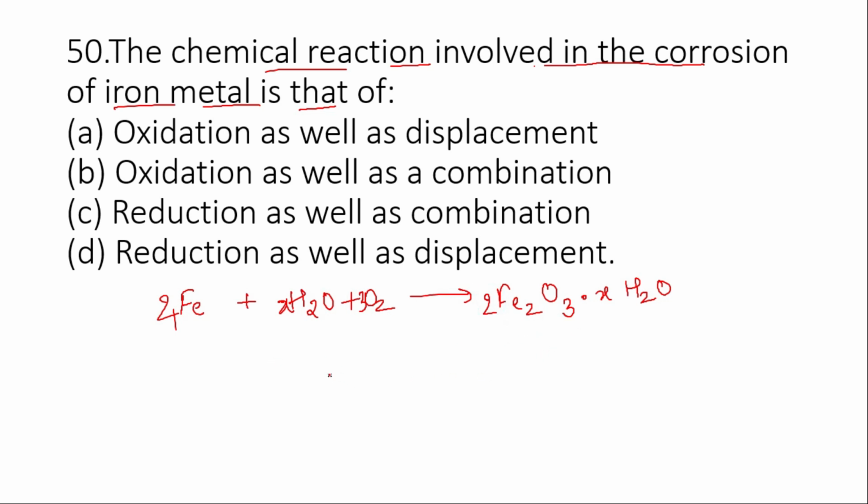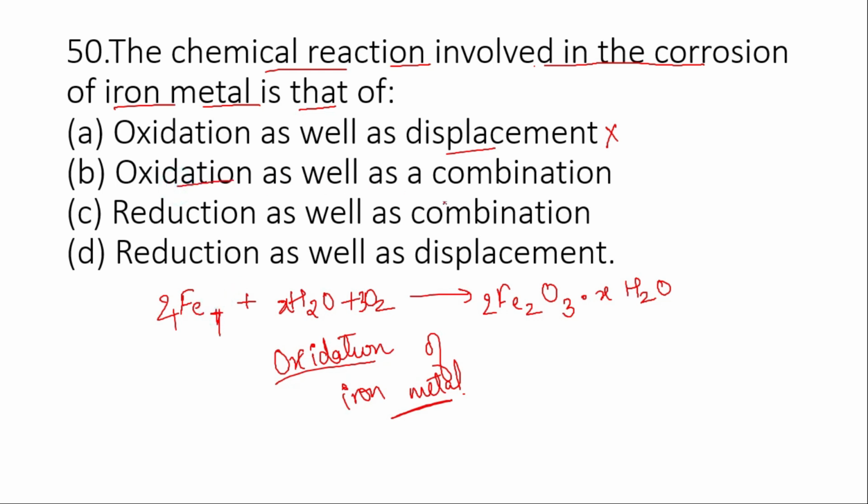So whenever the rusting occurs, actually what is happening is oxidation of iron metal. ठीक है, so there is an oxidation reaction of iron metal taking place. So when oxidation occurs, along with oxidation here, is there displacement? आंसर नो. डिस्प्लेसमेंट के लिए कुछ होना भी तो चाहिए कि यहाँ पे से डिस्प्लेस किया जाए, तो आंसर इज नो, राइट.